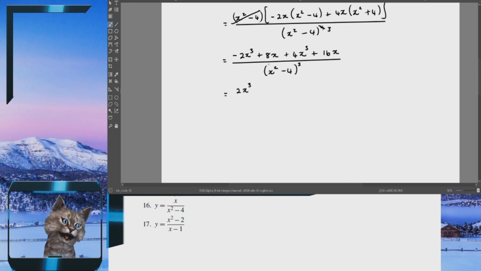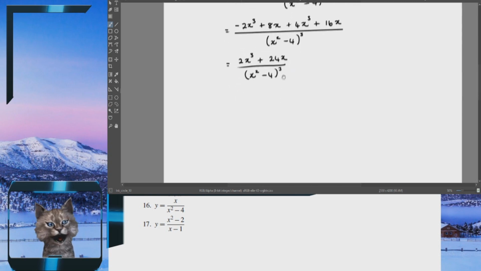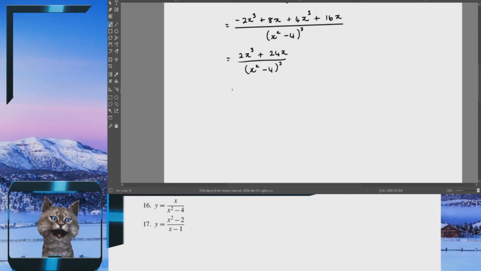And these two together will be 24x. Same denominator. It's very easy to make a little mistake here. Please be very careful. Now I can take out a 2x and be left with x squared plus 12, which is a plus, so it's not going to factor.